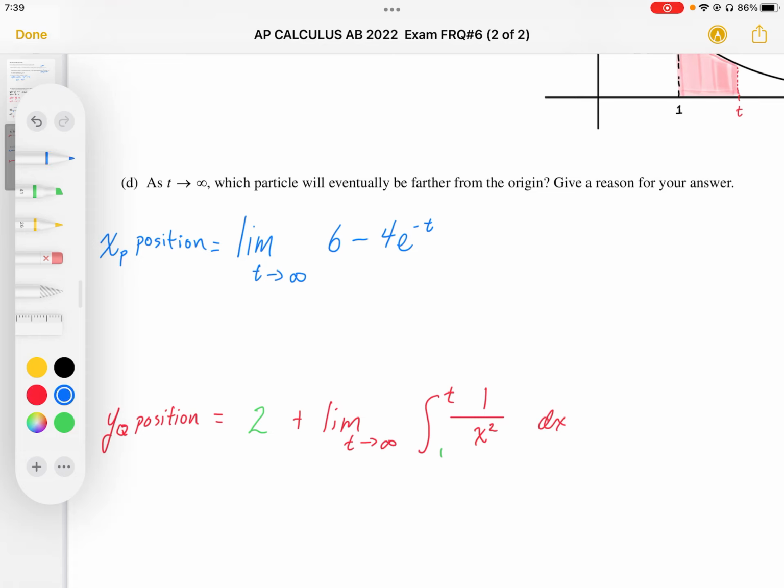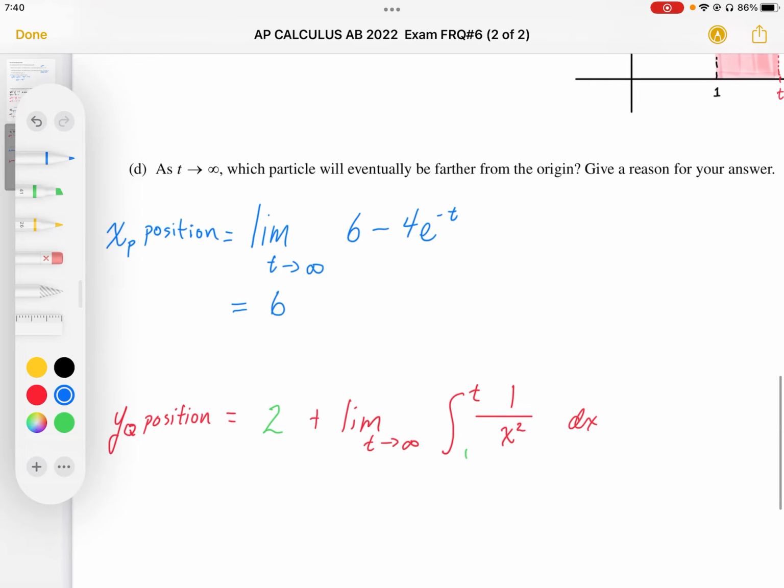So we're just going to take a limit here, the limit as t goes to infinity of our x position. We end up with e to the negative infinity, which is 0. So we're going to end up with x equals 6 as t goes to infinity. So basically the x goes closer and closer to 6 units away from the origin as t goes to infinity.